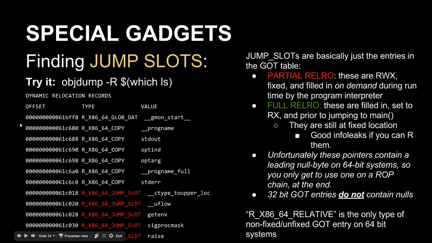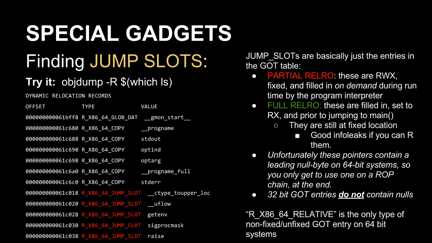The next category, jump slots. These are what occupy the global offset table. When partial RELRO is on, this segment is readable, writable, and executable. It's located at a fixed address and is filled in on demand during runtime by the program interpreter. Again, we've covered this before in the exploitation of it.